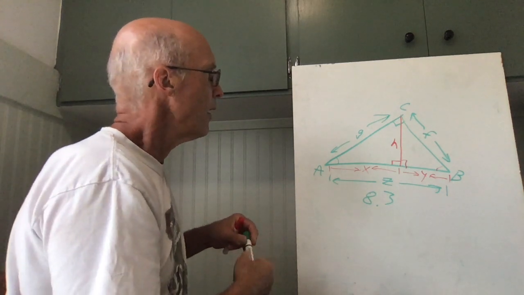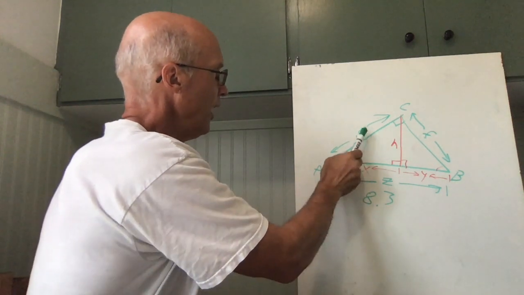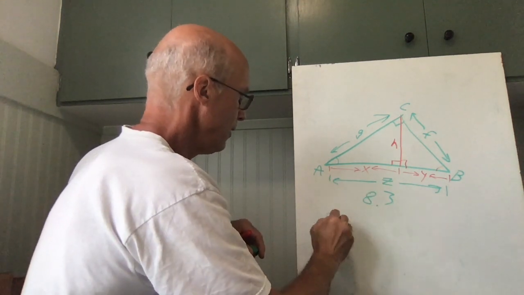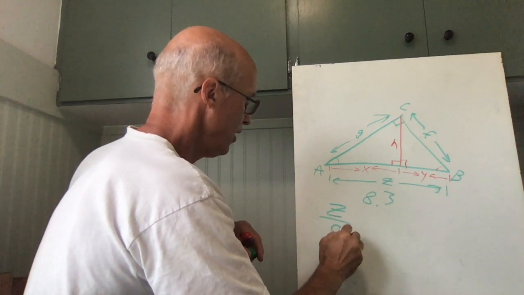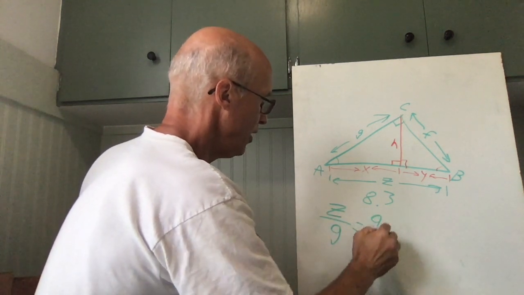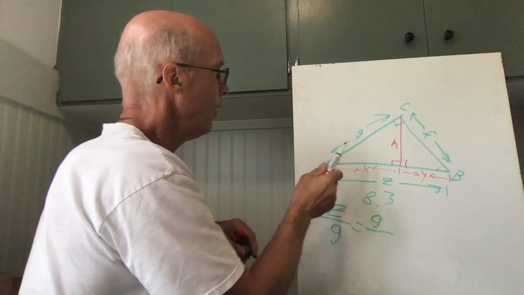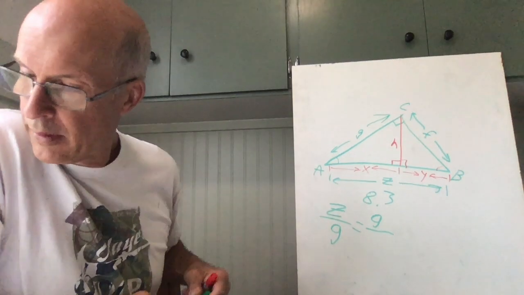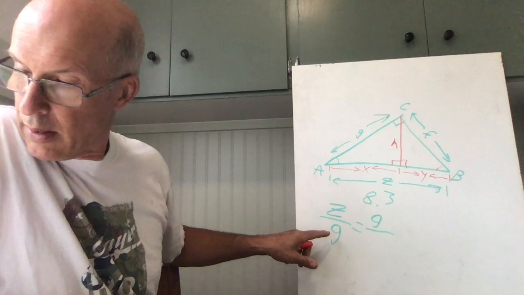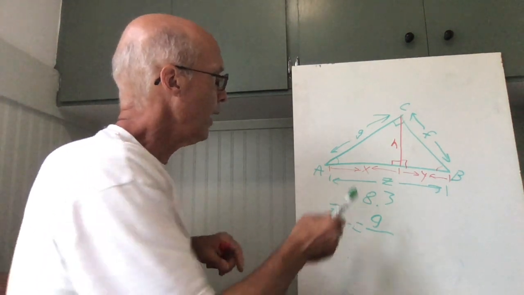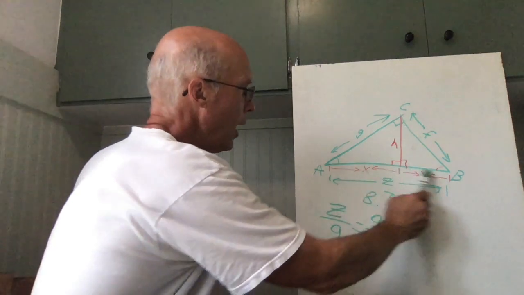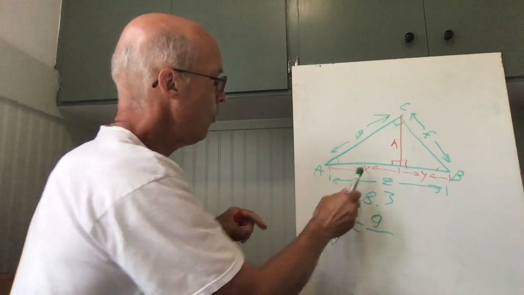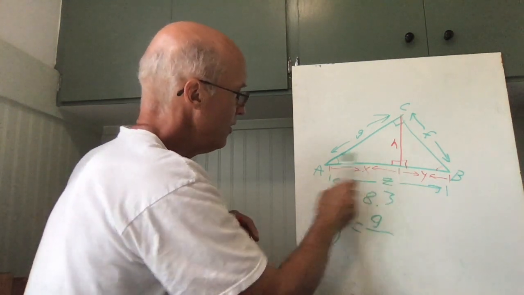So the length of this leg, G: Z over G is G over, now we want the leg, sorry, let me just look here. Oh, that's what it is. Okay, so it's the whole hypotenuse over the leg, and the leg over that part of the hypotenuse near there.